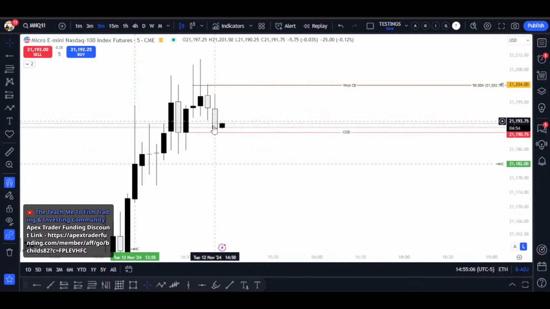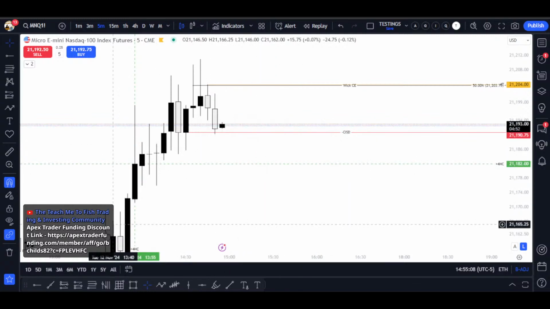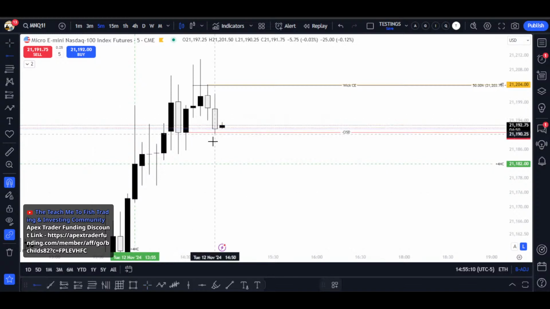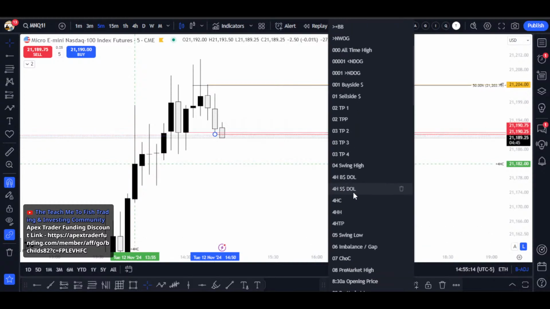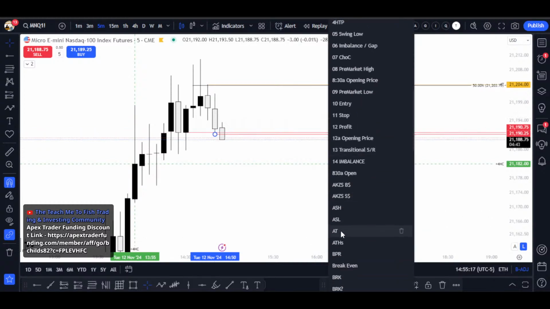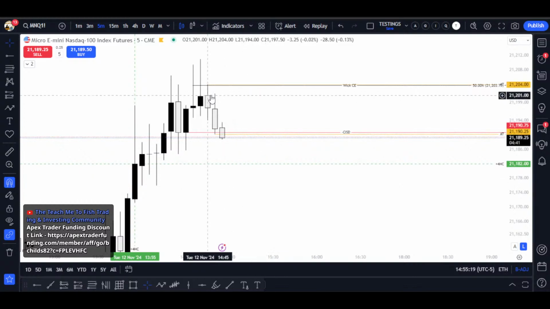All right, so this close below, 250's low is an algo target, which is again good for me.